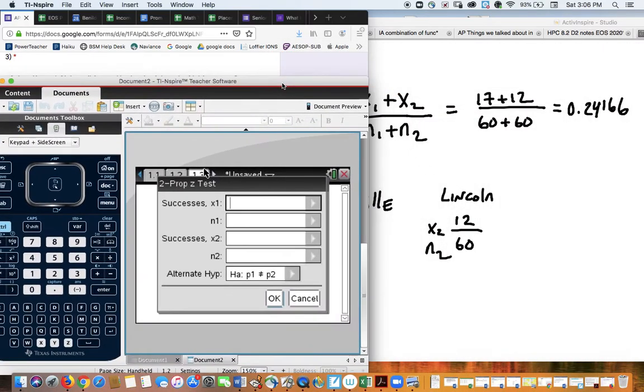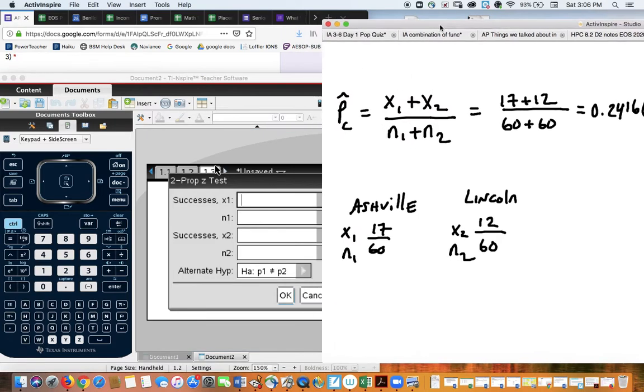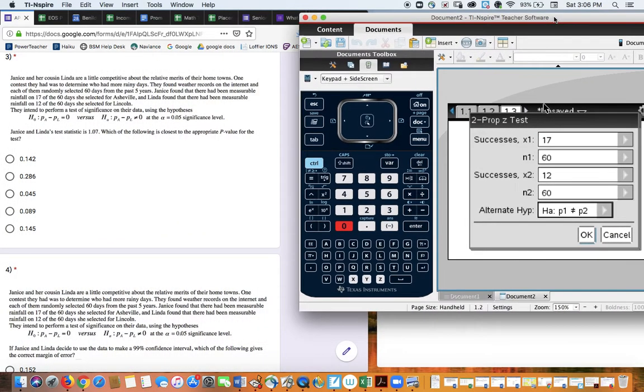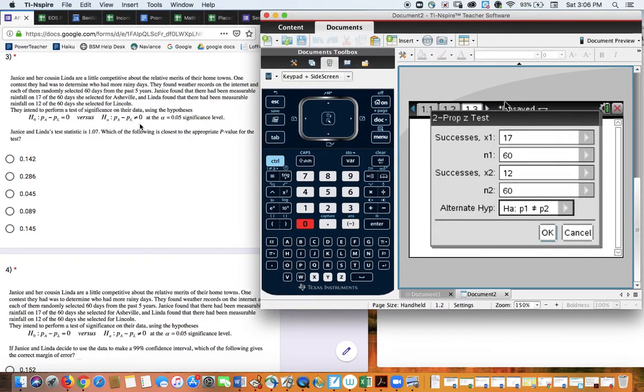Then I'm going to enter in all that information. Let me slide this over. Okay, so x1 would be 17, n1 is 60, x2 is 12, n2 is 60. And then what should I do for my alternative hypothesis? Well, right over here it has a not equal to symbol, so I'm going to leave it as a not equal to.